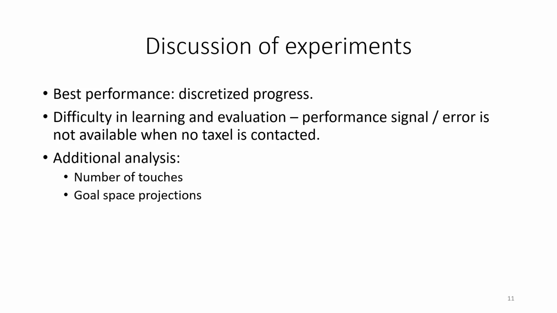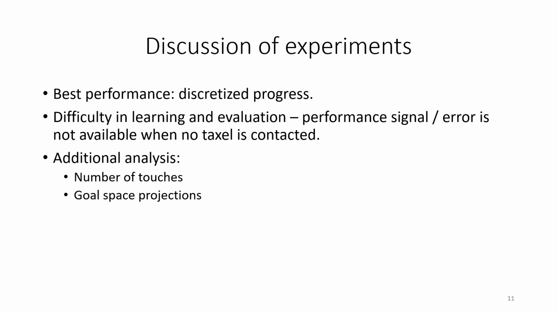This has mostly to do with the measurements of the performance available to the learning algorithm and during the testing. If no contact on the skin is generated, no error can be calculated, and learning, as well as external evaluation, are compromised. For this reason, we complemented the results presentation by reaching error with the number of touches achieved and the goal space projections. None of these provide a complete picture, but together they improve our understanding.